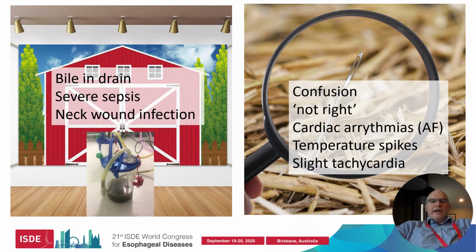Clearly, bile in the drain, a patient with severe sepsis or a neck wound infection has an obvious potential leakage, whereas patients who are not quite right, confusion, cardiac arrhythmias, temperature spikes, or slight tachycardia have to be proactively assessed, but may have other causes other than leakage.